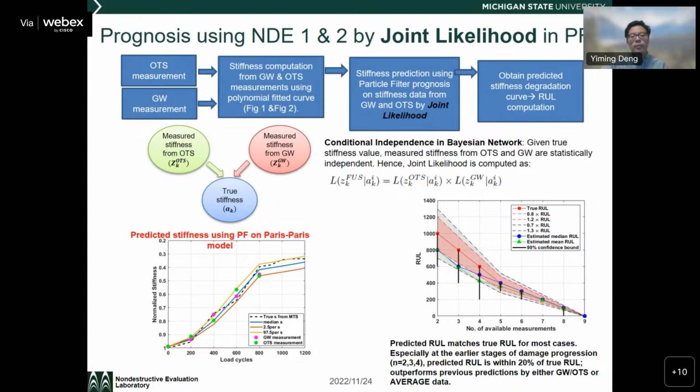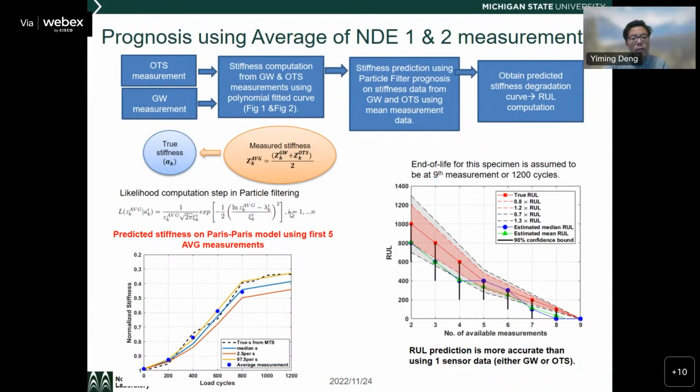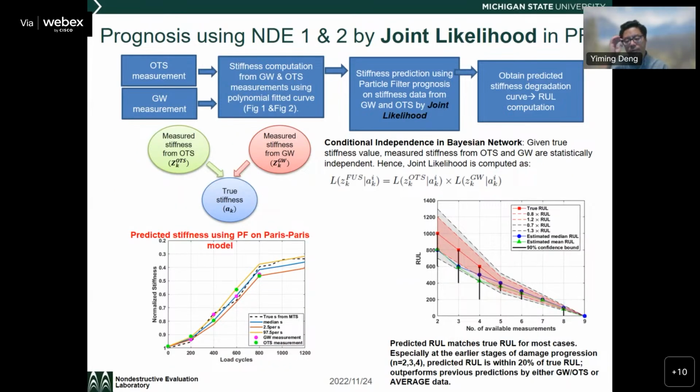Okay, so this shows the framework of doing prognosis. We demonstrate using individual NDE data, average NDE data, and fused NDE data using the joint likelihood approach. And the performance can be quantitatively assessed, and it clearly shows the advantage of using this data fusion.